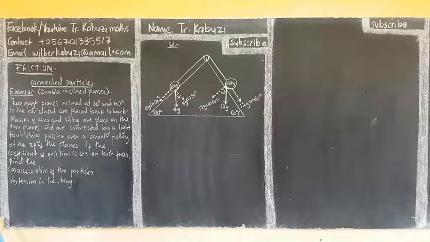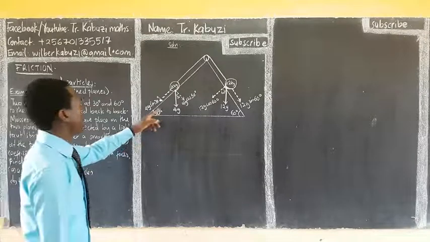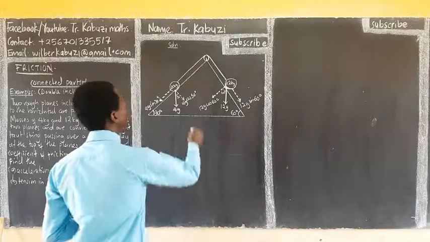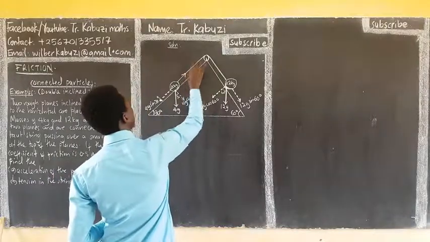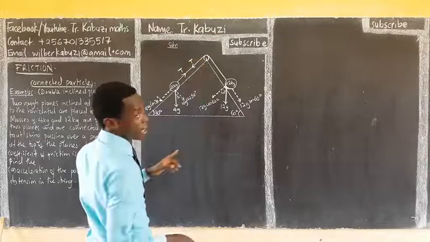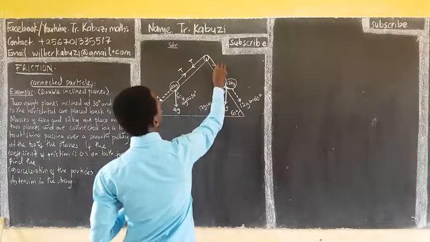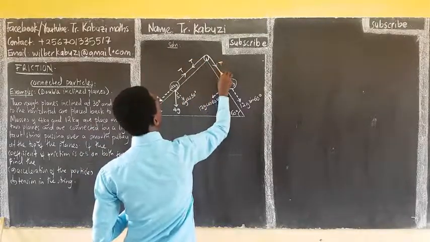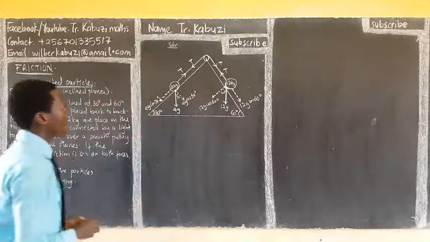After resolving that weight, we know that this is rough and this is rough. So we are expecting some tension in the string, but it's going to be the same because it's the same string. So we have T there, also T in that direction.